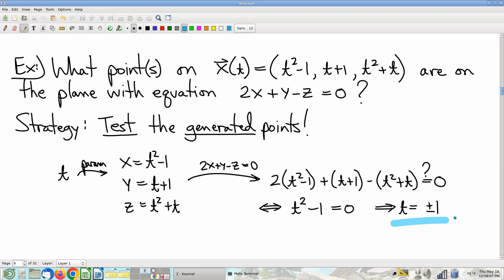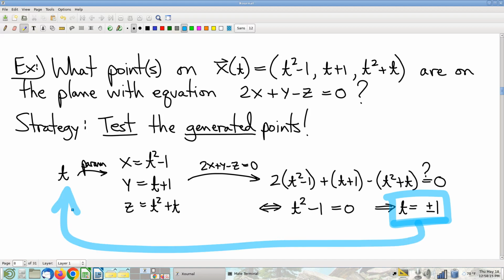Now, we're not quite done, but it's all over except for the last little step. That has told us the value of t that generates the points that test positively. So to get those points, you have to plug into the parameterization to get the actual points.